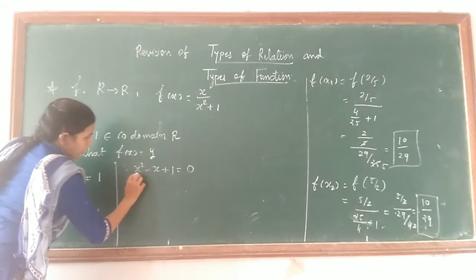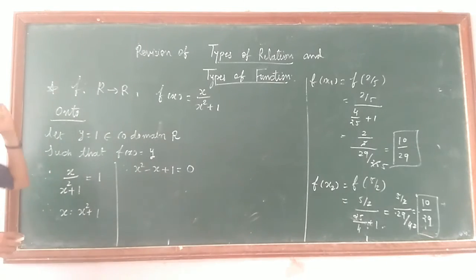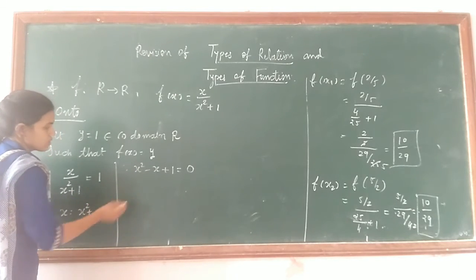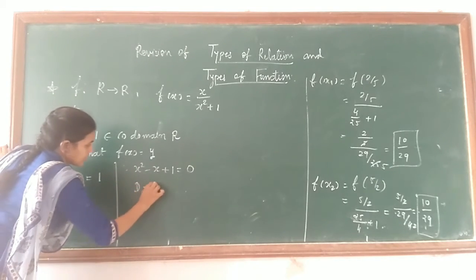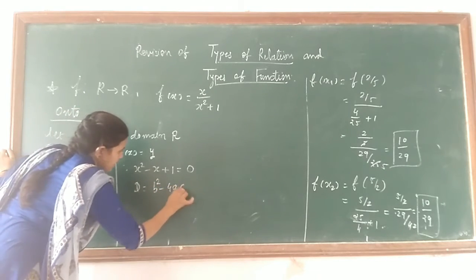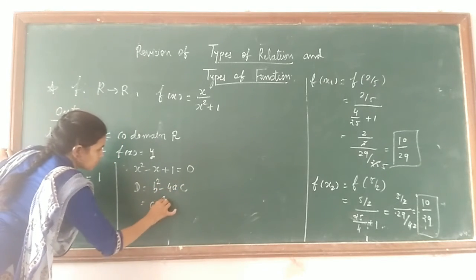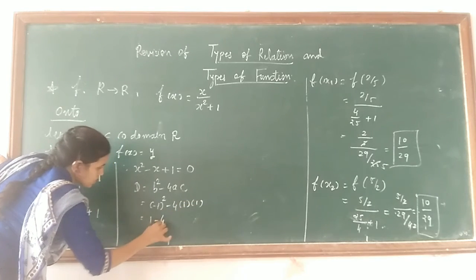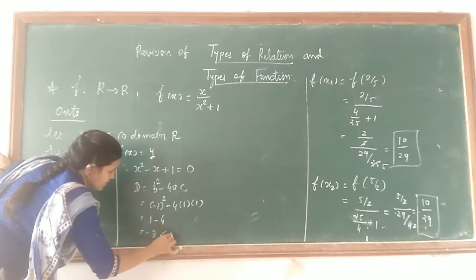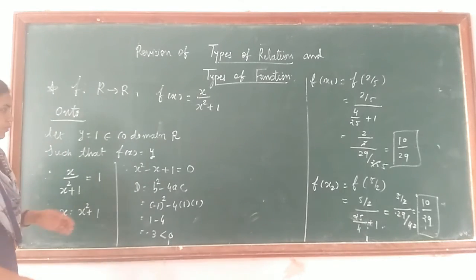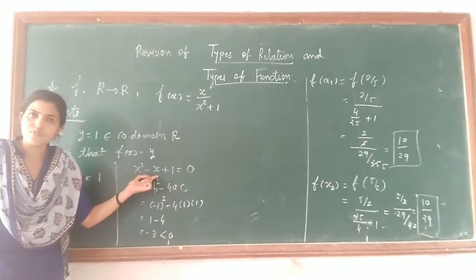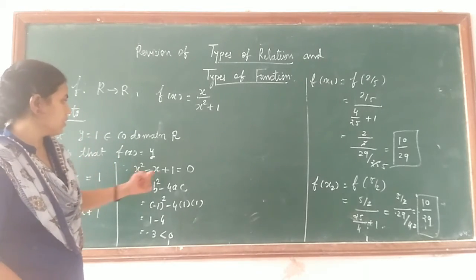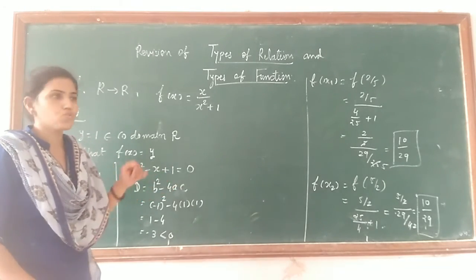Now here we find the factor such that we can get some x. So I am using the discriminant method. D is equal to b square minus 4ac, that is (minus 1) square minus 4 into 1 into 1, that is 1 minus 4, which is minus 3, less than 0. That means for this type of equation, there does not exist any x in the real numbers such that this equation is satisfied.